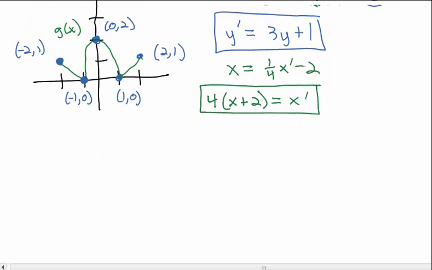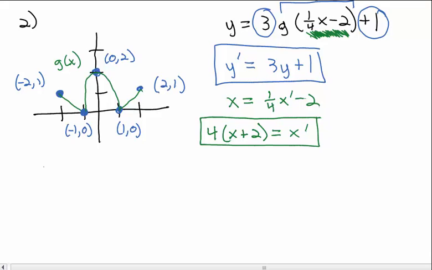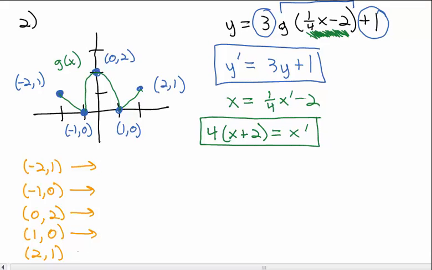So, our points that we're working with are negative 2, 1, negative 1, 0, 0, 2, 1, 0, and 2, 1. We're going to apply these formulas we just found to find our new x coordinates and our new y coordinates. Then we'll be able to graph our new graph. So first the x's.